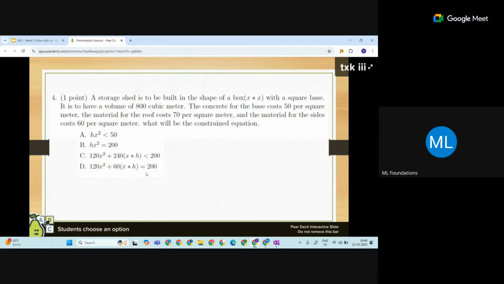What will be the constraint equation? Height is not mentioned, but height is in all the options we have, so use h as the height.